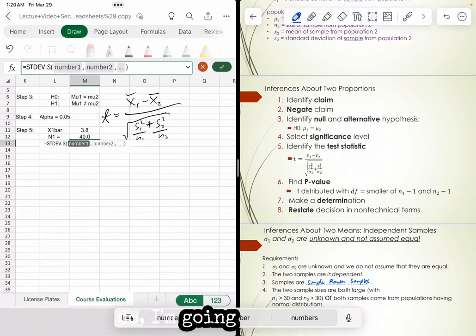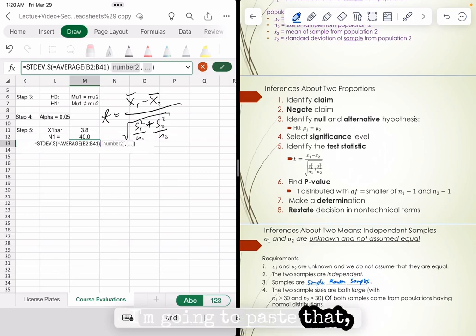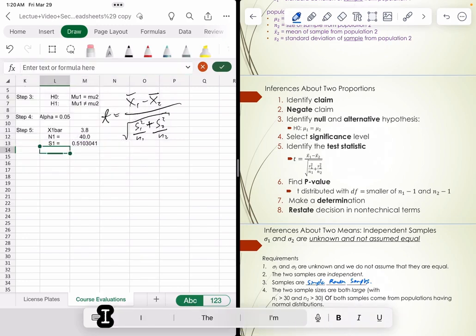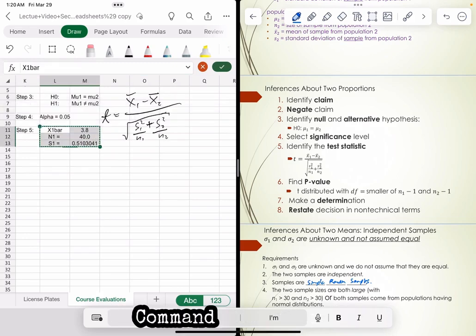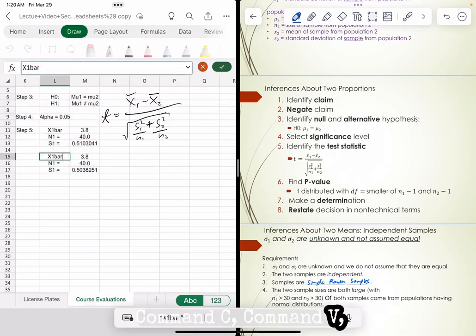I'll paste that formula as well. Now let's do the same for the other ones: Command C, Command V. This is going to be X2, N2, S2.